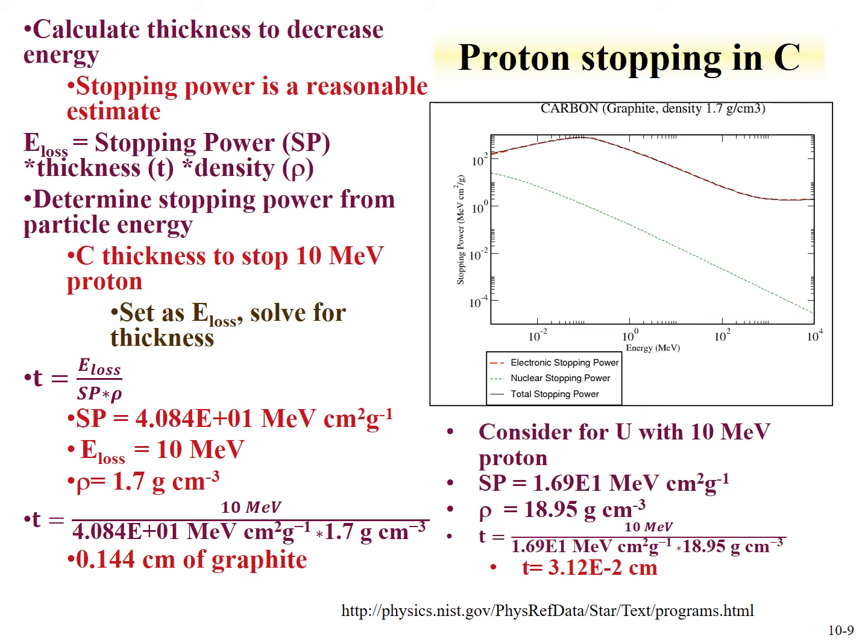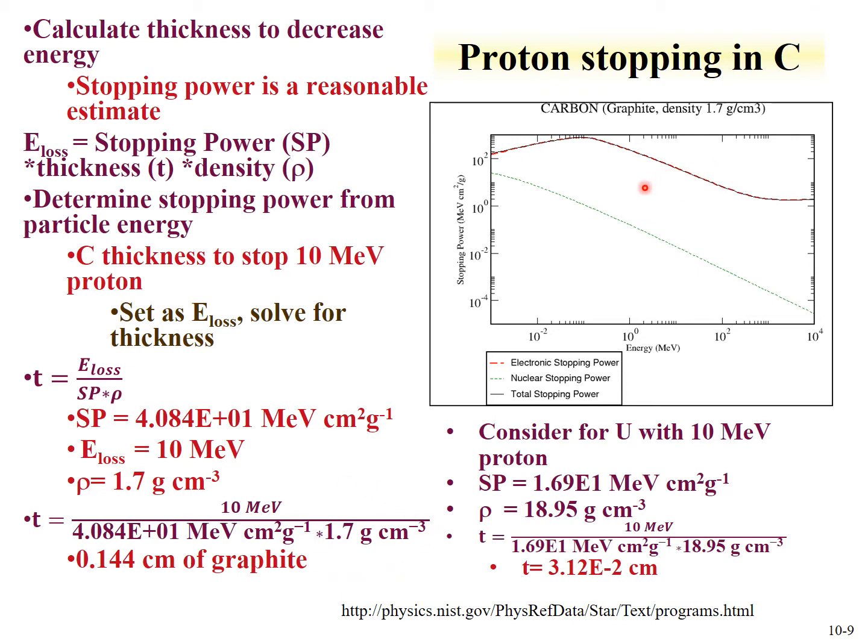So one would set the energy loss and solve for the thickness. We want an energy loss of 10 MeV. We need to get what the stopping power is, and then the density. So the stopping power is 4.084 times 10 to the first MeV centimeter squared per gram, and we get that from this figure.